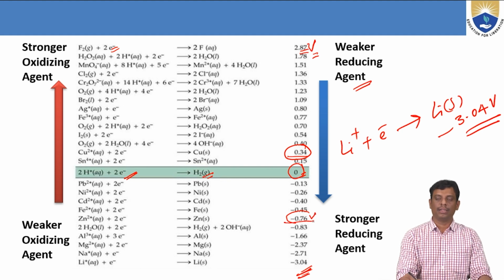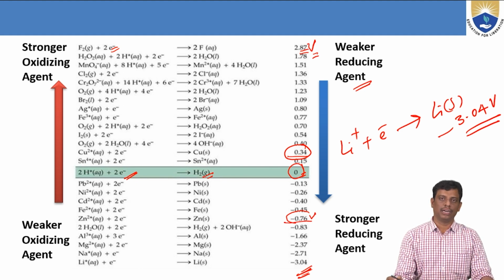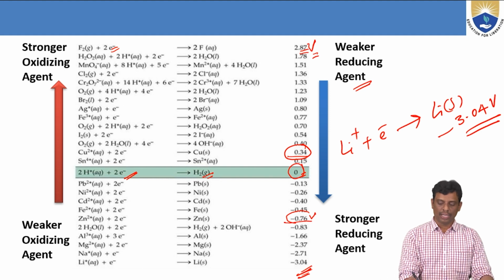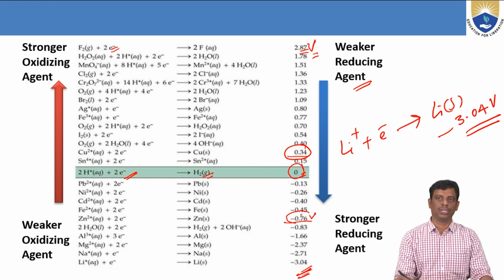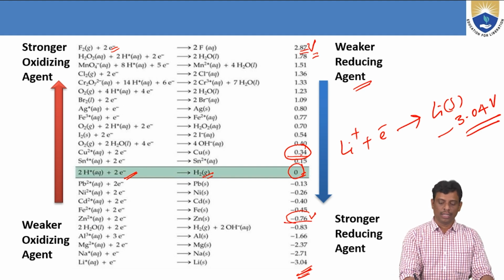Based on the potential values, we can predict, in the presence of the two electrolyte solutions and two electrodes, where oxidation and reduction take place.